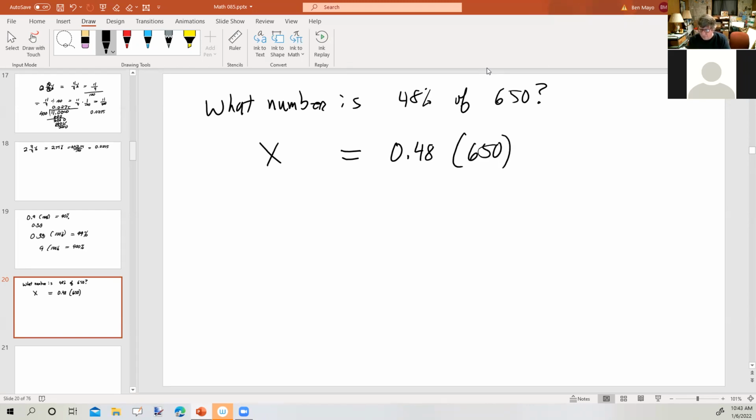So by using the parentheses, that implies 0.48 times 650. So I've got what number is 0.48 times 650? Let's see, 650 times 0.48 is 312. So what number is 48% of 650? 312.